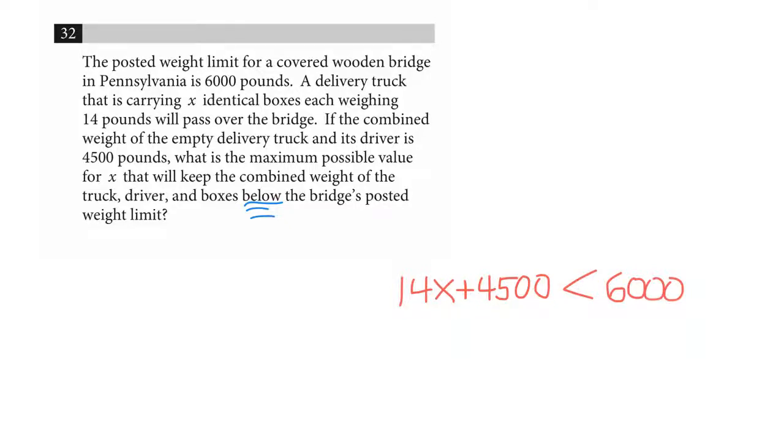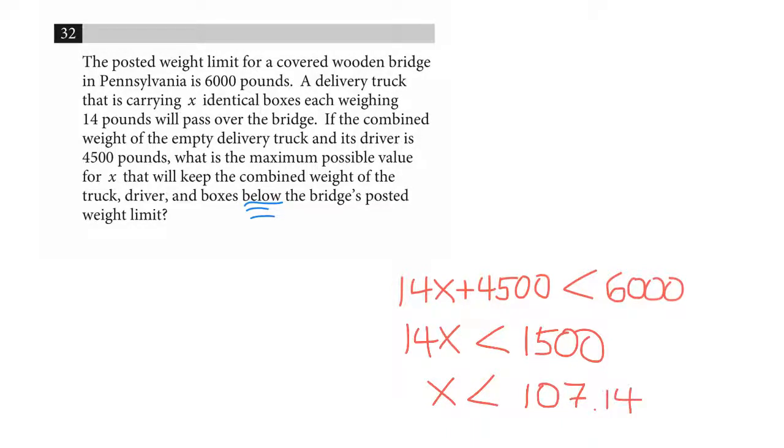So subtracting 4,500 from both sides is going to give us 1,500, and then dividing both sides by 14 is going to give us 107.14. I used a calculator for that.